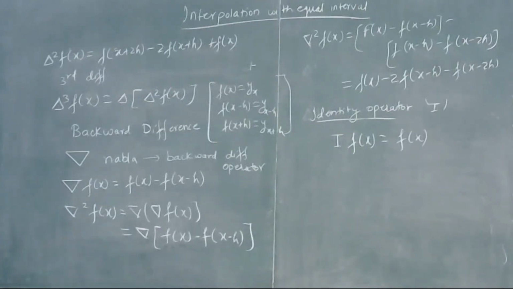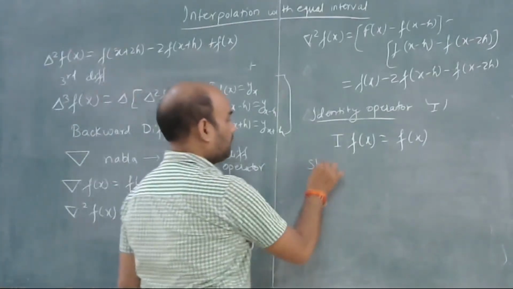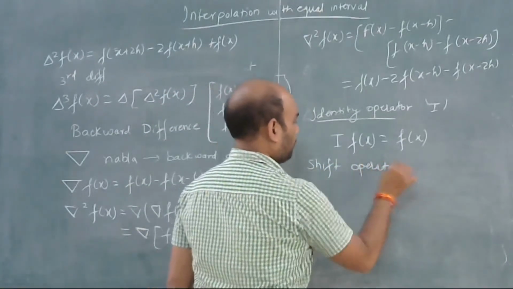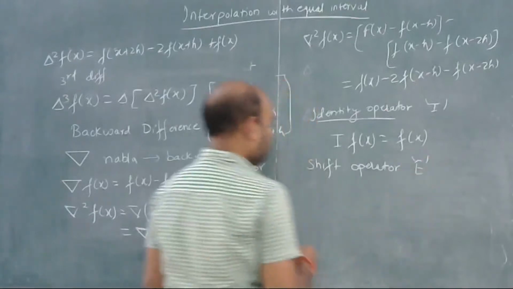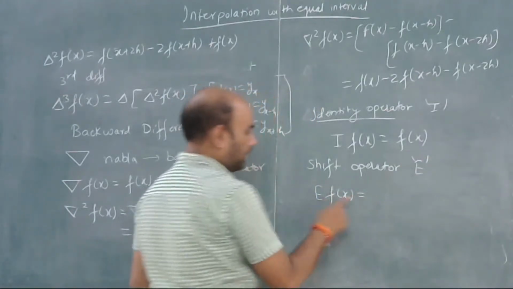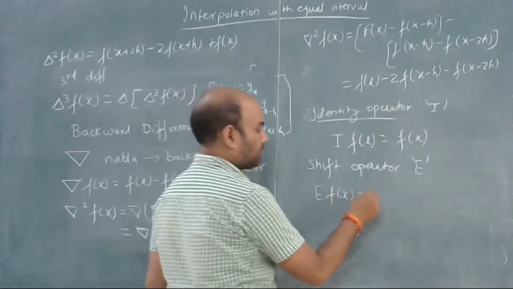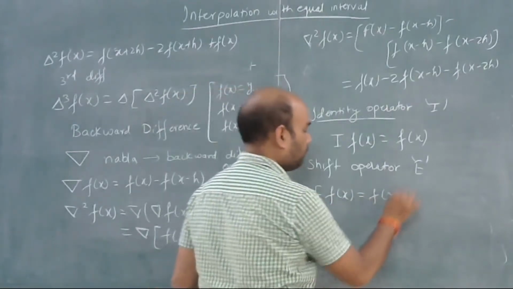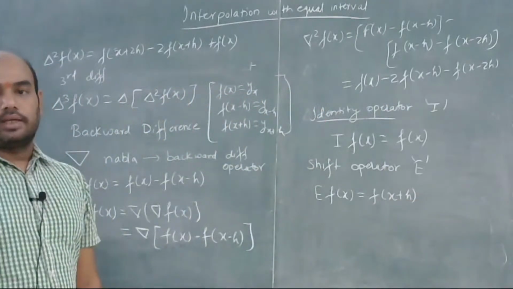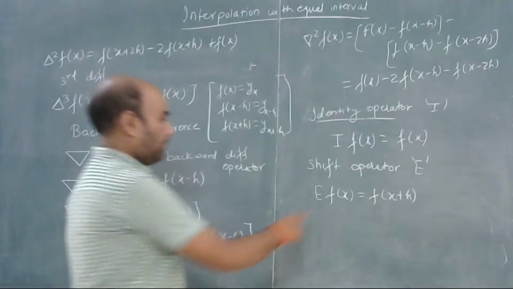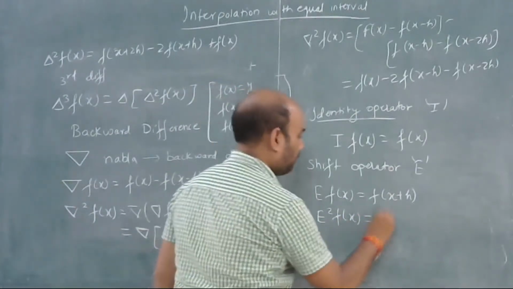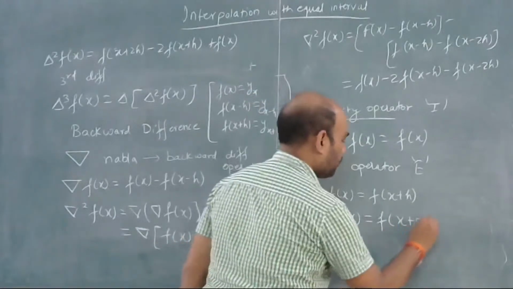Next, the shift operator is denoted by E. So E f of x will increase the value of x by h, so this will be equal to f of x plus h. And E square f of x will be equal to f of x plus 2h.